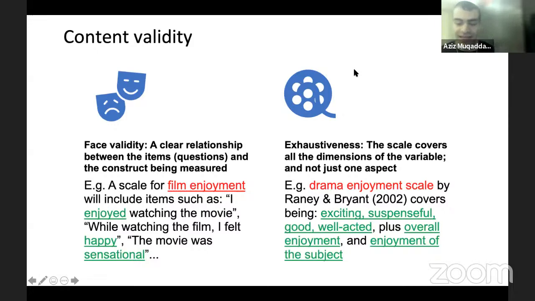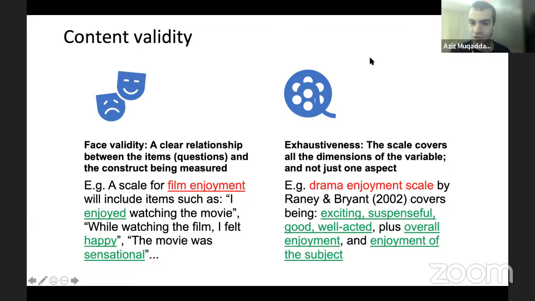Face validity is basically the easiest one. It's basically, at face value, whether the items talk about the same thing or resemble the same things you claim to measure. For instance, we have a scale that aims to measure, and a scale is the operationalization of the variable, right, a scale for film enjoyment.